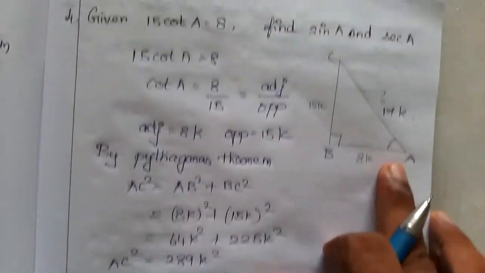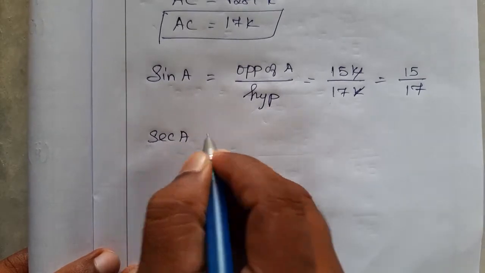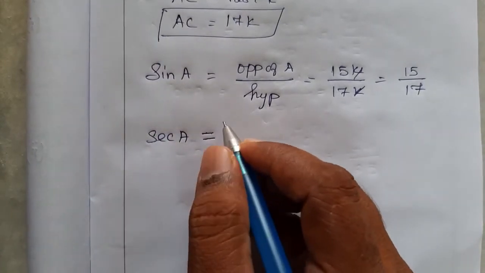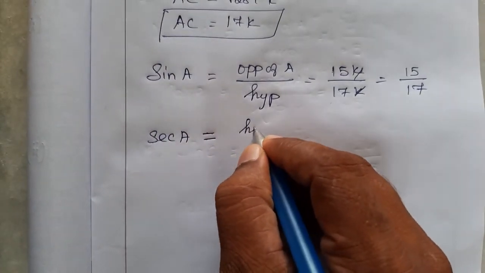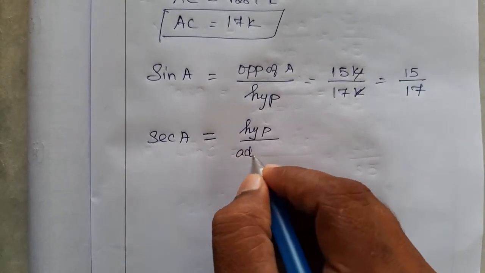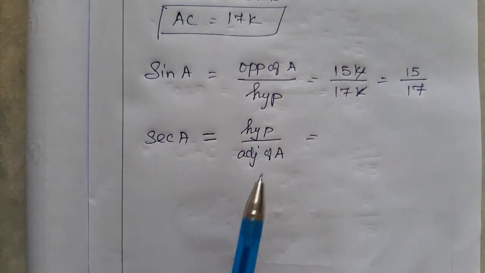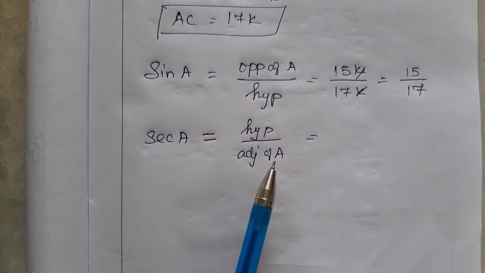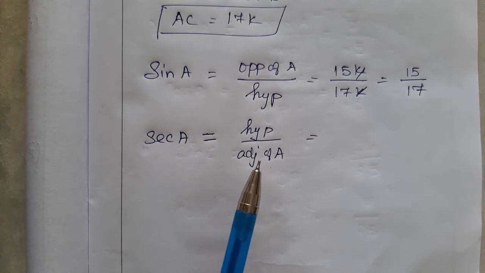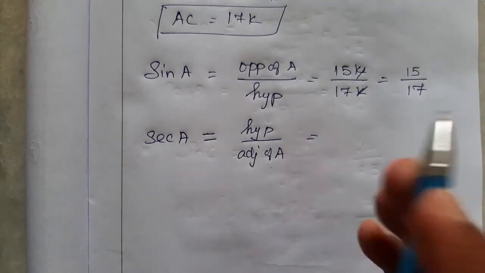So next we have to find sec A. So sec A is equal to hypotenuse by adjacent, right? So adjacent of A. While writing opposite and adjacent, you should be careful which opposite is to which angle and which adjacent is to which angle.